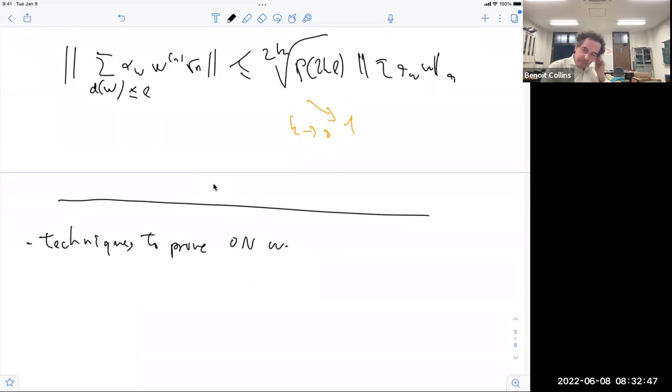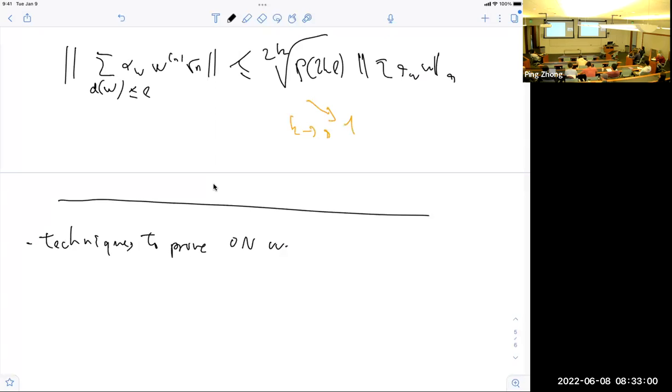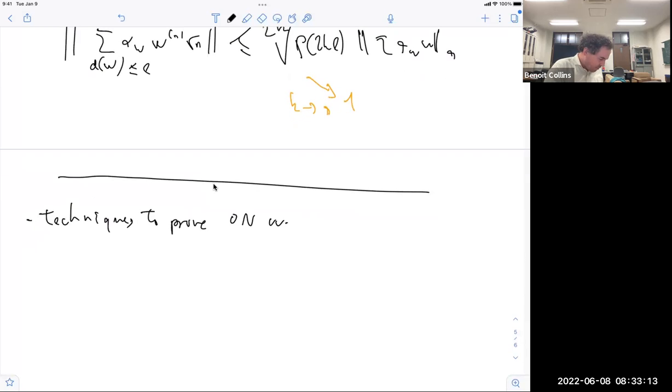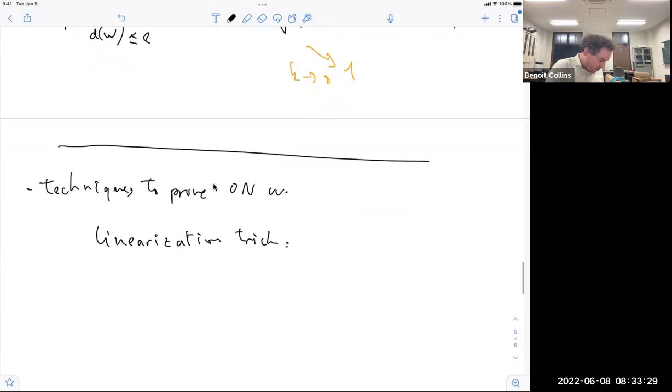The most basic one, which is used in almost every sub-proof, there are branchings with various technologies kicking in, but the one which is almost everywhere used is what is by now called the linearization trick.